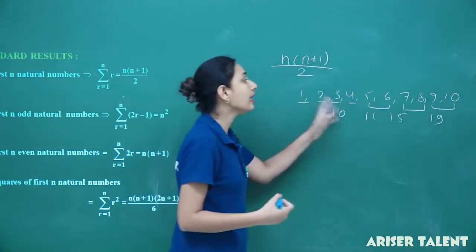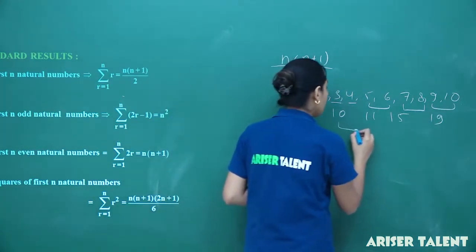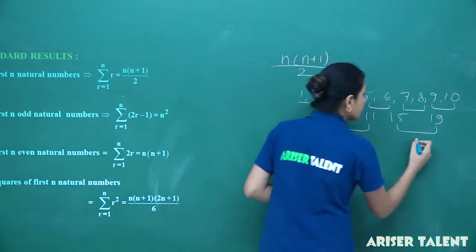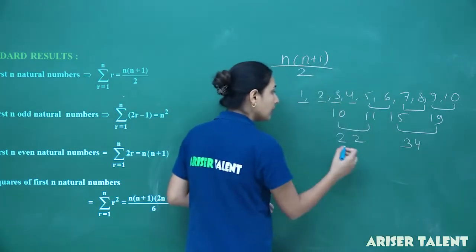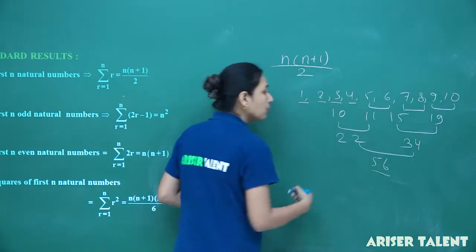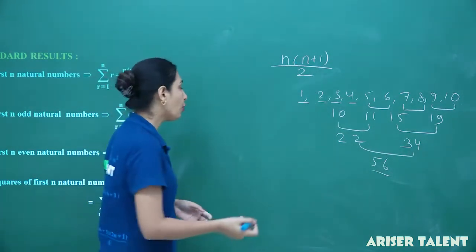Now you add them: that gives 22, and that gives 34. Then 6 here and 5 here, so 56.